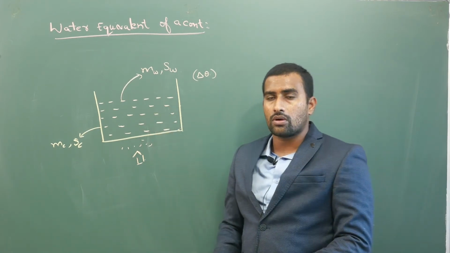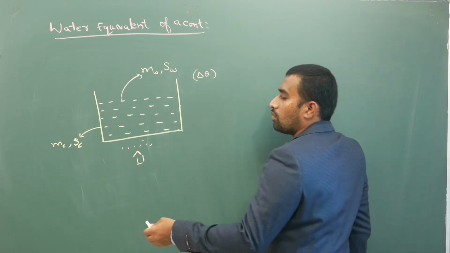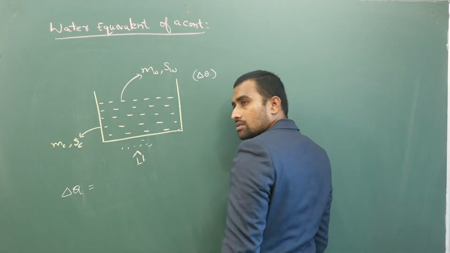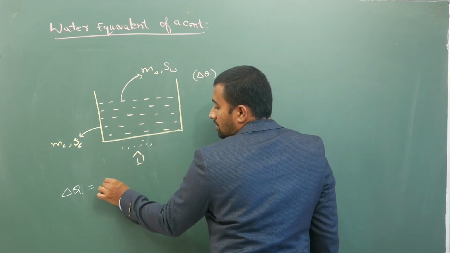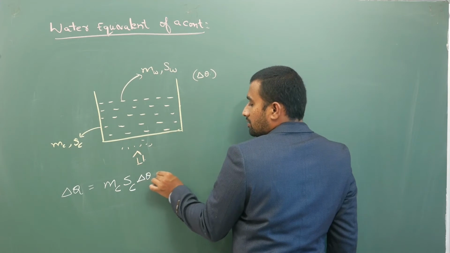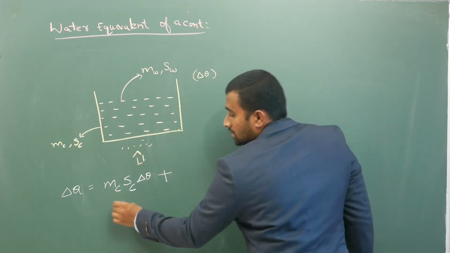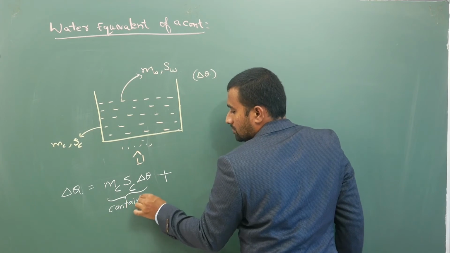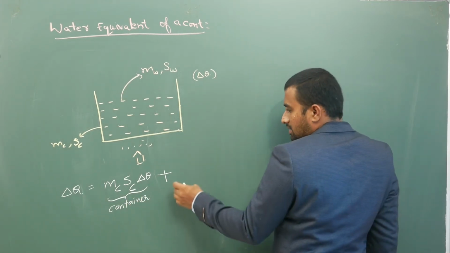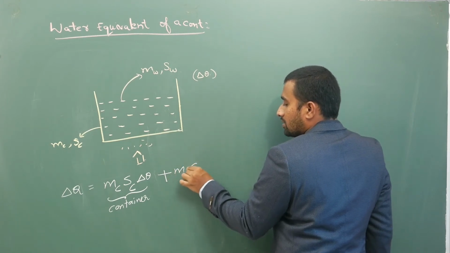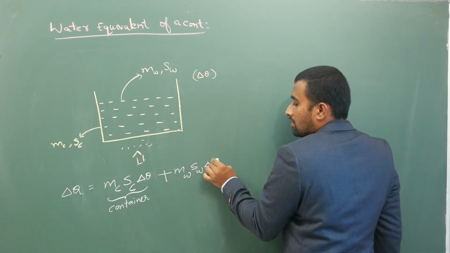Now, the total heat energy given by the flame, delta Q, is equal to mass of container into specific heat of container into delta theta. This is for the container.